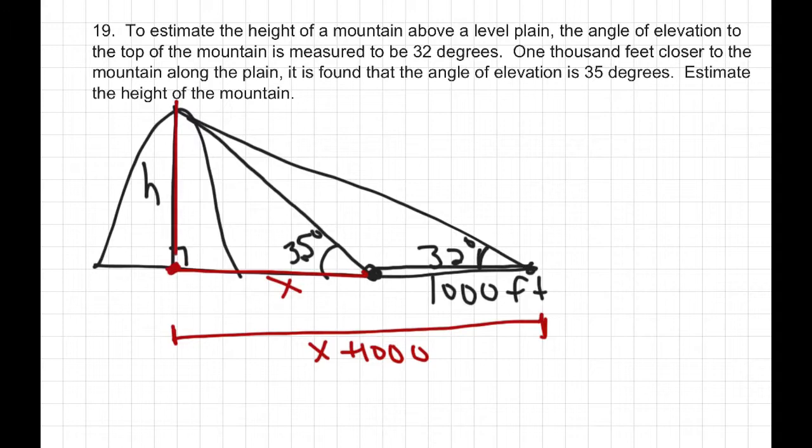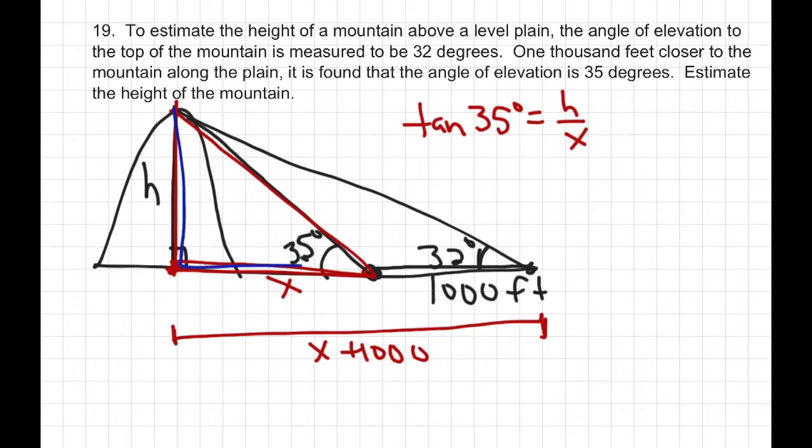Let me start with this triangle here. To find the height of the mountain, we're going to use tangent because opposite 35 degrees is the height and adjacent is x. So the tangent of 35 degrees is equal to h over x.